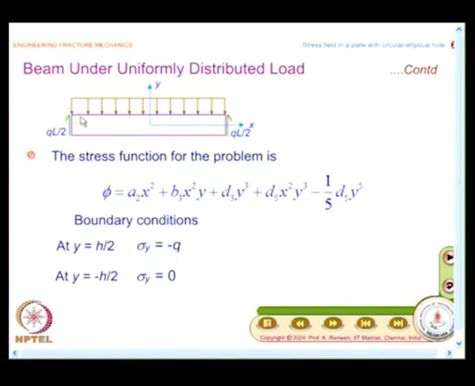So, on the top surface you specify the boundary condition, and on the bottom surface also you specify the boundary condition sigma y equal to 0. And we also have, on the top and bottom surfaces, that is y equal to plus or minus h by 2, the shear stress is 0.